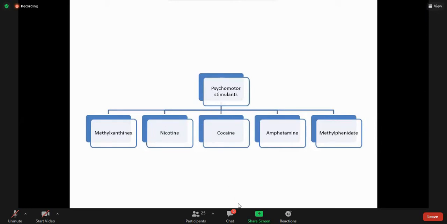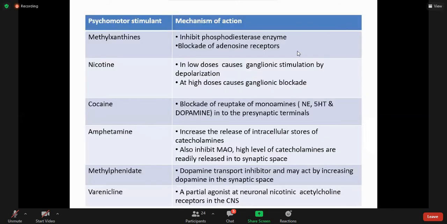This is one of the commonly used substances, especially for a person who is a smoker, or chewing nicotine, tobacco, right? Cocaine, amphetamine, and methylphenidate. So these are the different substances or drugs that are labeled as psychomotor stimulants. Clear?